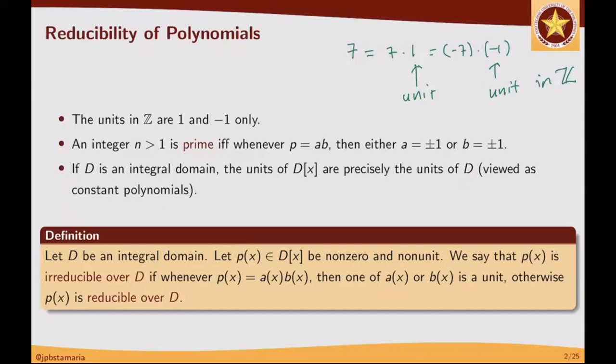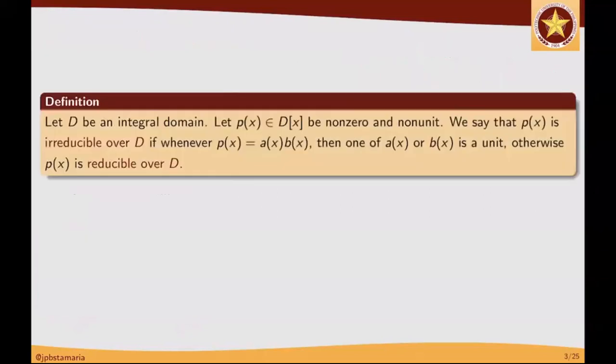Otherwise, kung hindi ito totoo, if it is possible to factor this so that both of these are non-unit, then P of x is reducible over D. Ang kabaliktaran ng irreducible ay reducible. Ang dinefine natin ay irreducible. So, gamit yung definition ng irreducible, yung negation niya, tinawag natin reducible.